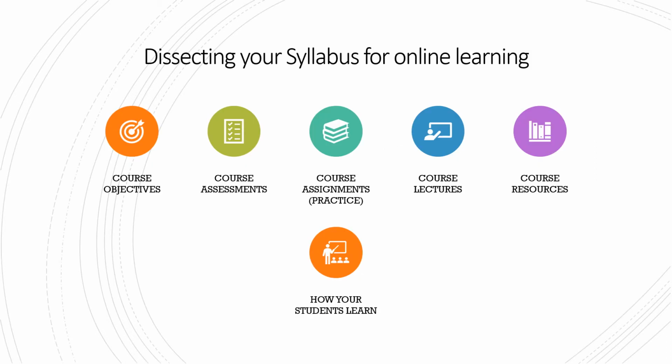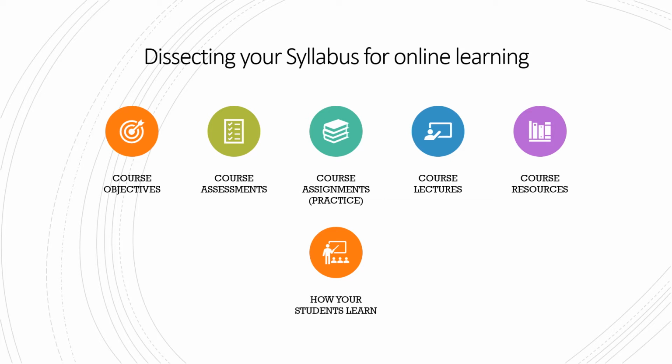When you have a course that's already been established to be a traditional lecture course, in-person kind of course, and you have the syllabus already created, these are some of the tricks that I've discovered as I've gone through this process of taking my courses, and I teach graduate statistics courses, from a traditional lecture setting to an online setting.